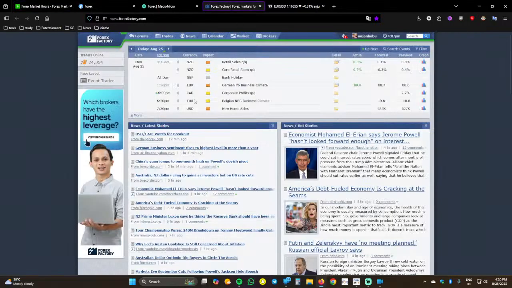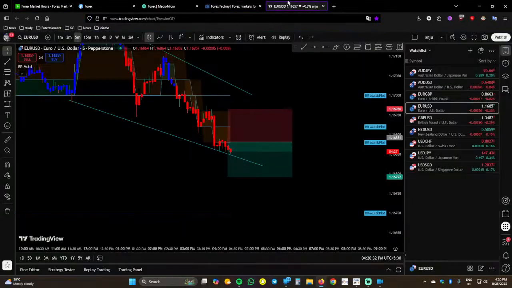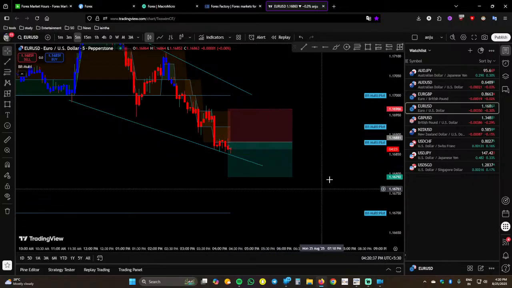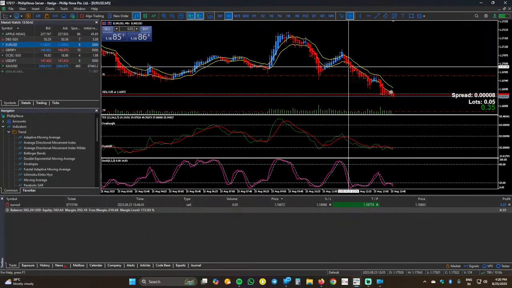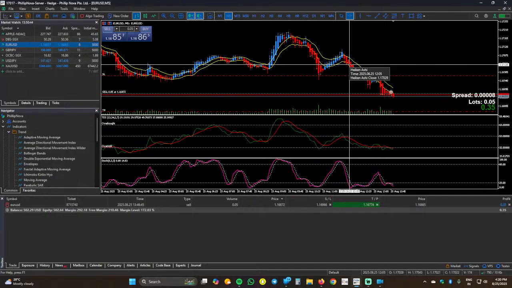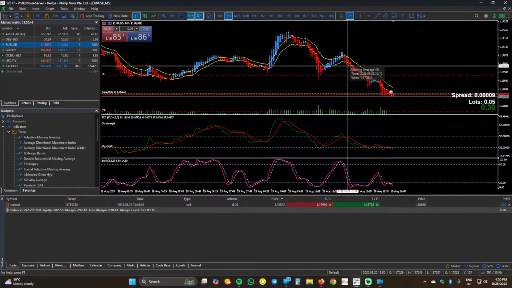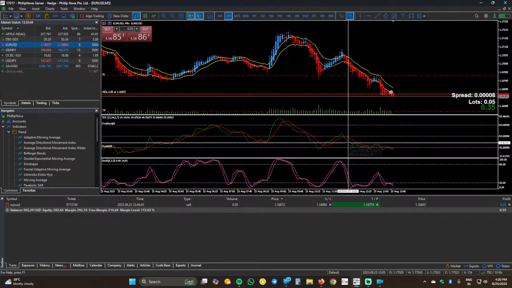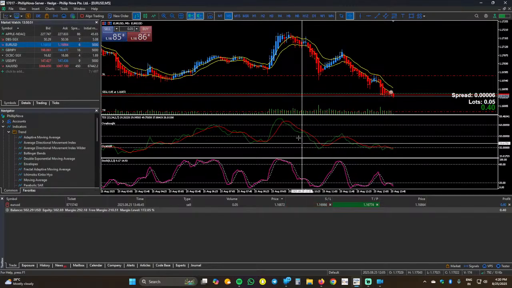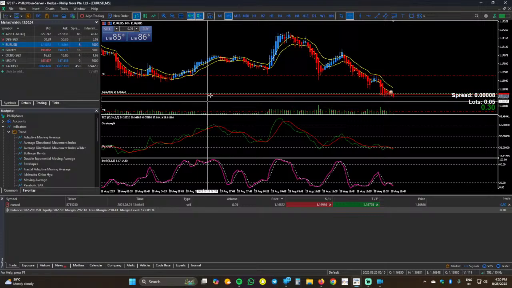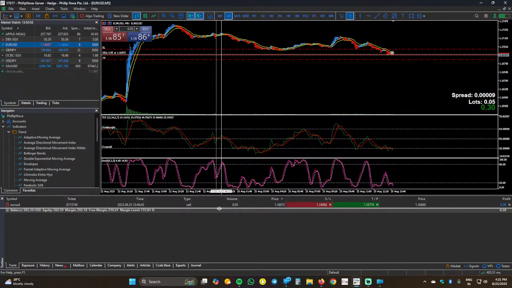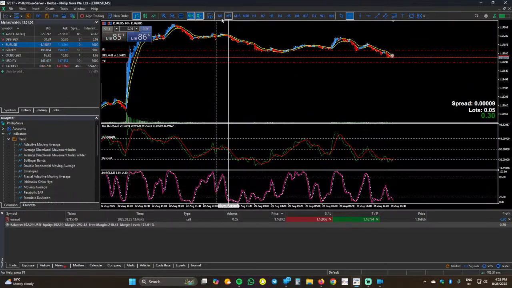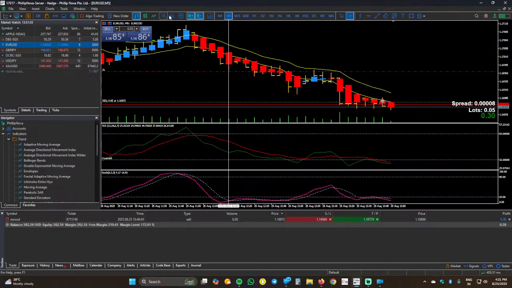That's the only thing I'm basing this trade on. If I would do it properly, I would also look for confluence at these levels, where my TDI and my stochastic also give me a proper signal. Only then would I take a proper trade. But to inaugurate the stream, I have to take at least one trade.